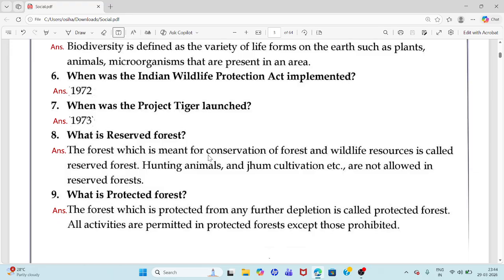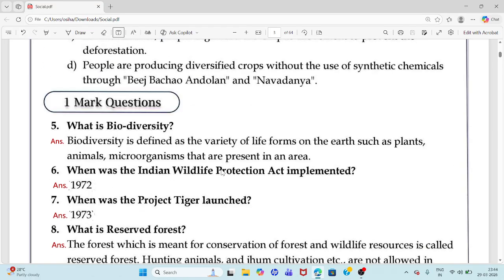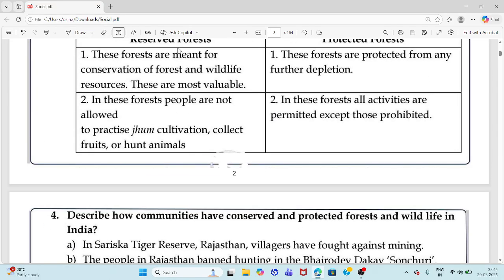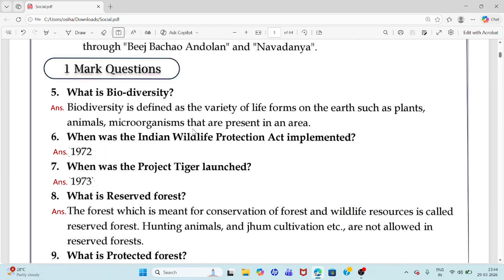The forest which is meant for conservation of forest and wildlife resources is called reserve forest. Hunting animals, you can see here also. You can write these lines, okay?